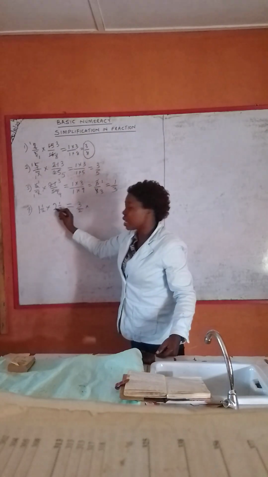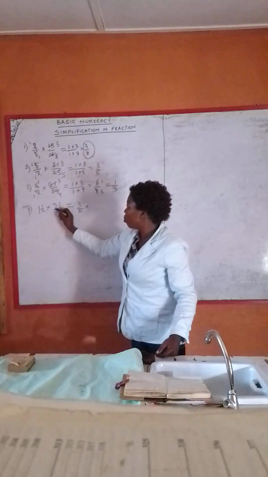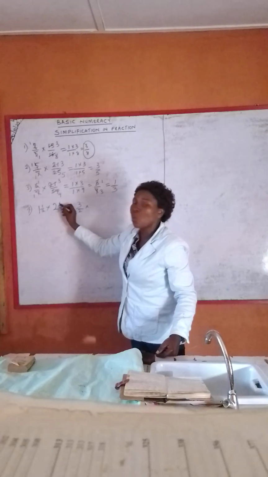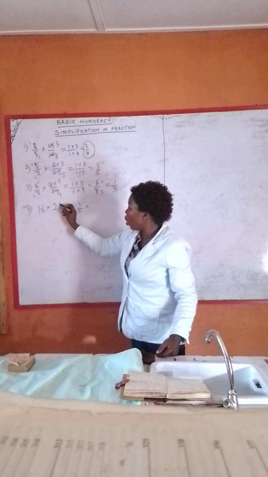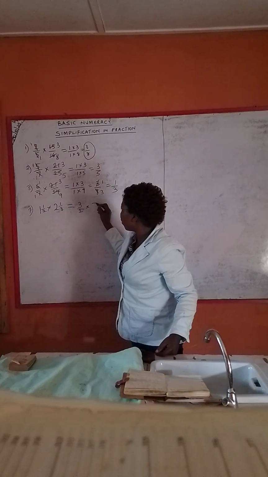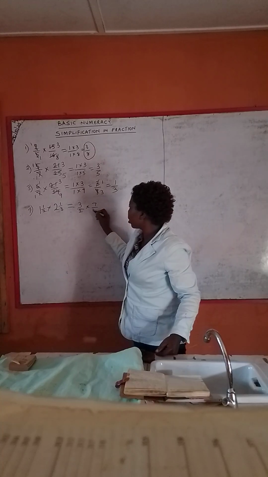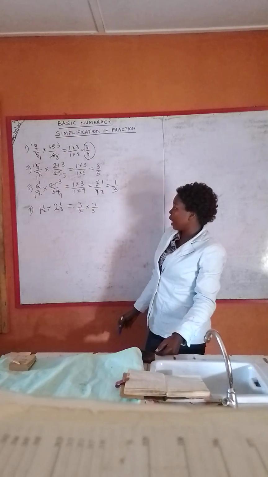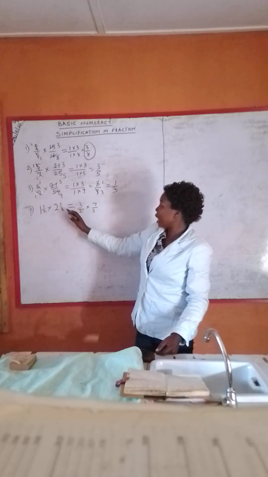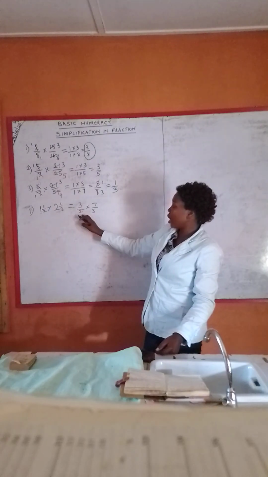Also, 3 times 2 is 6, plus 1 that is up here, will now be 7 over 3.